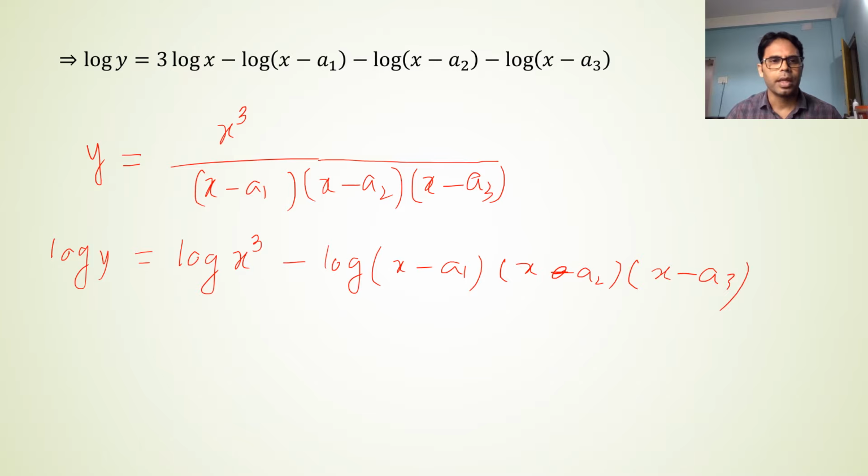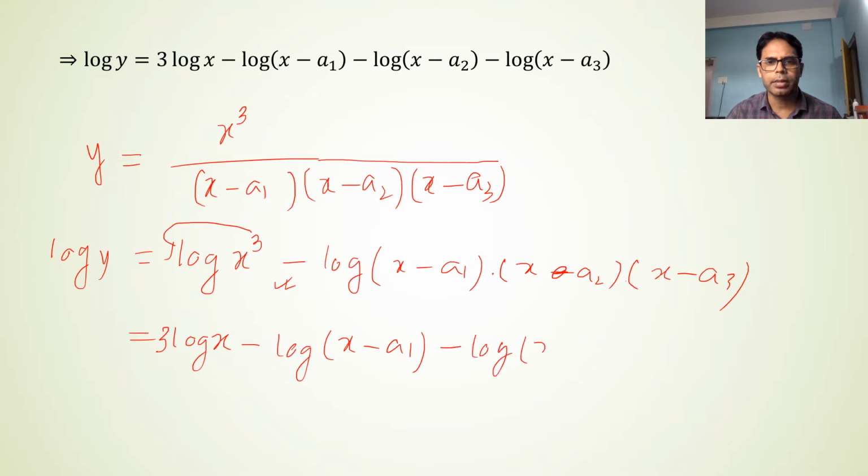Now you see here, by property, this 3 will come in front of the logarithm, that is 3 log of x, and these terms will make plus if you separate the logarithm, and by this minus you will get the terms as minus log of x minus a1, then again minus log of x minus a2, then again minus log of x minus a3. So this is the term obtained in this line.